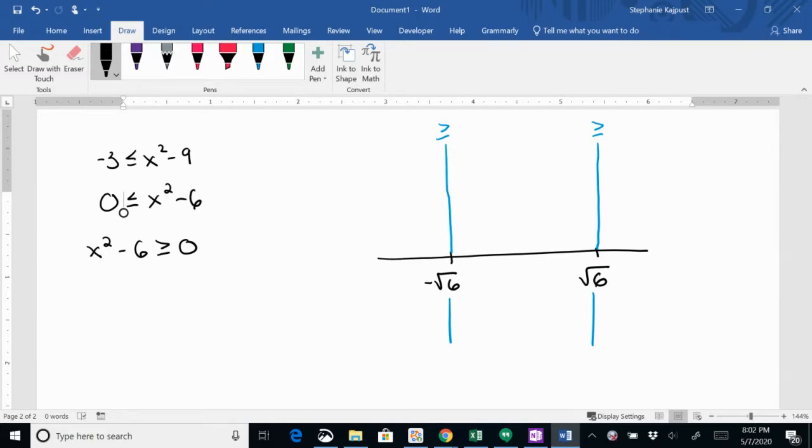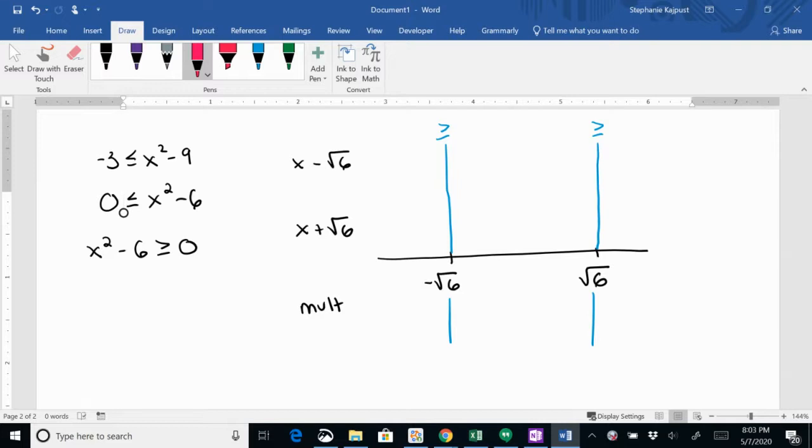And how I'm going to check my sign chart is I'm going to have x minus the square root of 6 and then x plus the square root of 6. So that's what I'm going to use for my things in the sign chart and then multiplying those together. For filling this out, I would probably recommend just using a calculator.